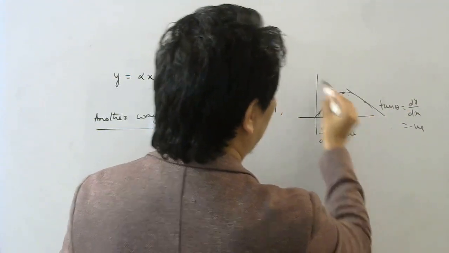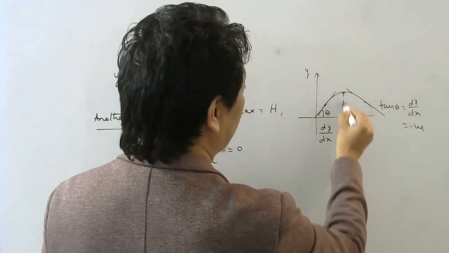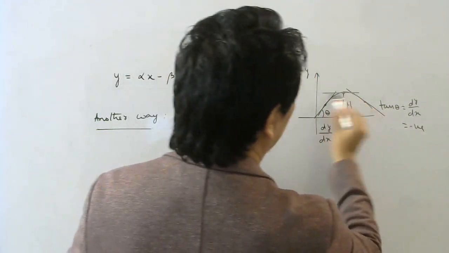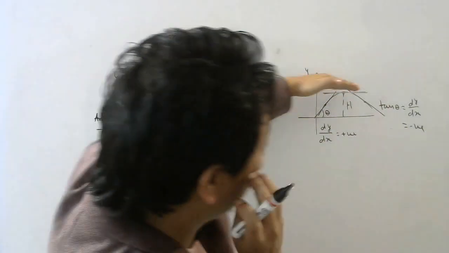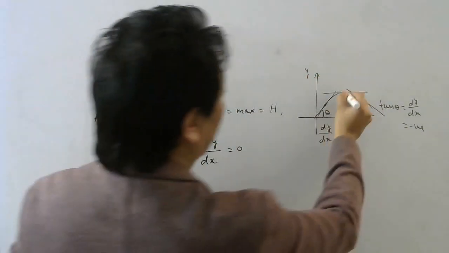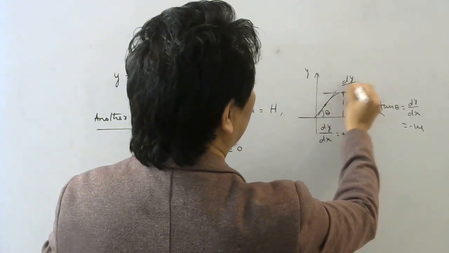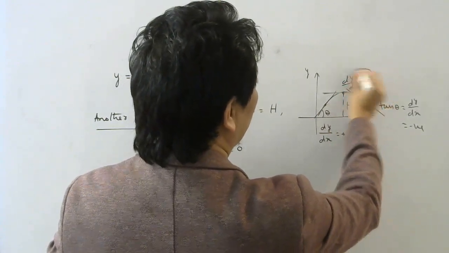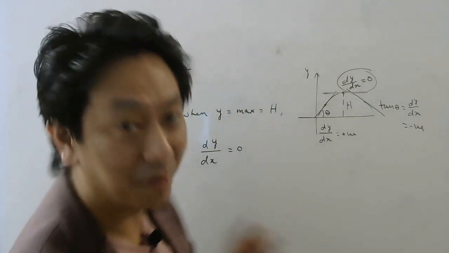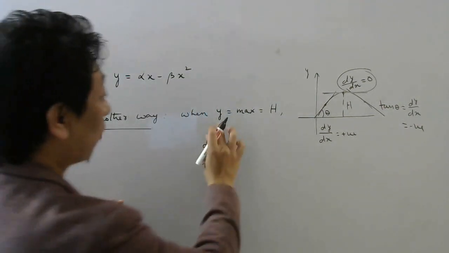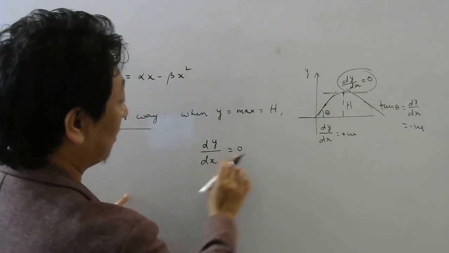Whereas at the point where y is maximum, if you draw the tangent, then the tangent will be parallel to the x-axis. So at this point, your dy by dx will be 0. Already I have discussed this in the concept of maxima minima. Okay, please check. So when y is maximum, dy by dx should be 0.